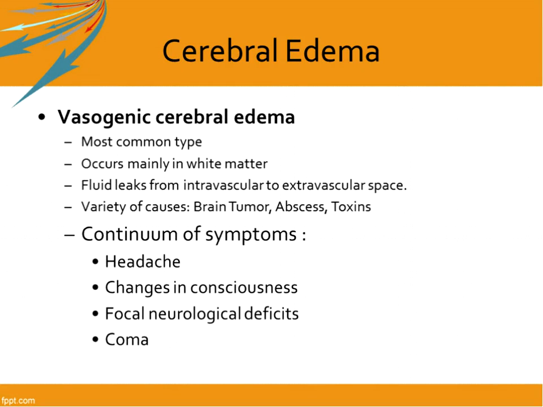So the first one we're going to talk about is vasogenic cerebral edema. It's the most common kind of cerebral edema. It occurs mainly in the white matter, and it's characterized by a leakage of the macromolecules from the capillaries into the surrounding extracellular spaces. You can have a variety of things that impact this. It could be something like a brain tumor, abscess, toxins.